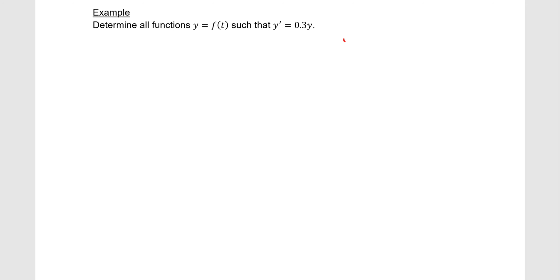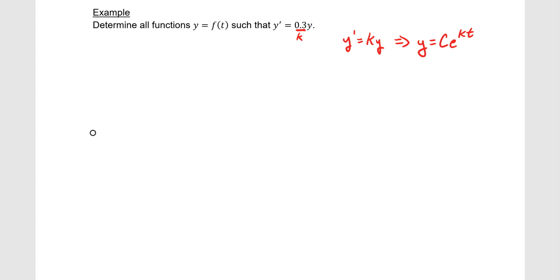So from that, we just need to use what we just learned, and that's the differential equation y prime equals ky will give us solutions in this form: y equals c e to the kt. So here's our k value right here.